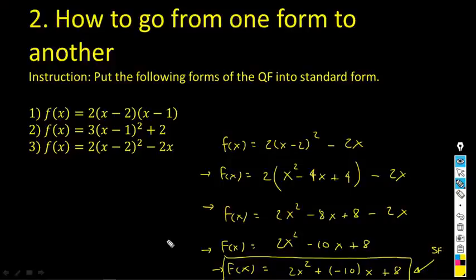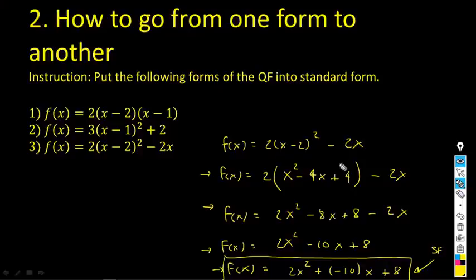Okay, so as you can see, going from any form of the quadratic function, whether factor form or vertex form or any other form that may not have a particular name, it's very simple. Going into the standard form is extremely simple.